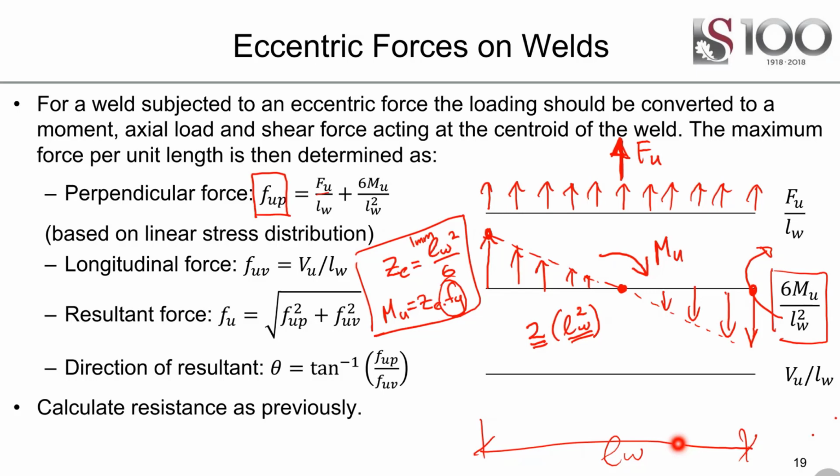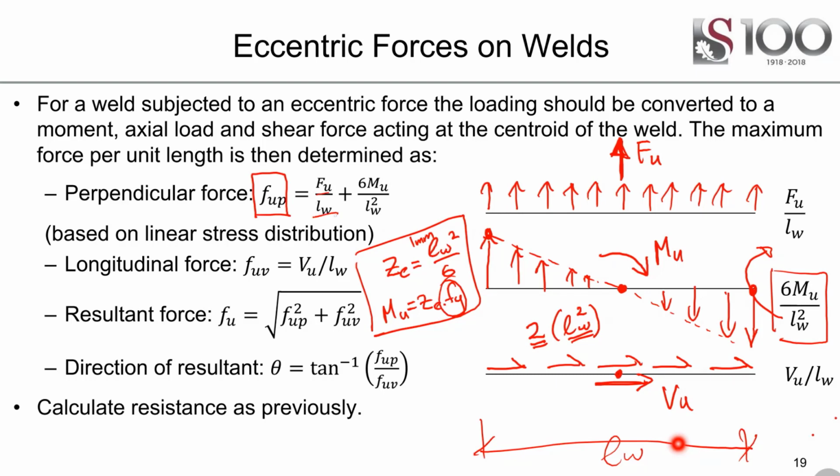Now, let's move on to the next part. Here we have a shear force of VU, and then this would cause a stress along the length like that. And that then gives you the different components of stress or force.